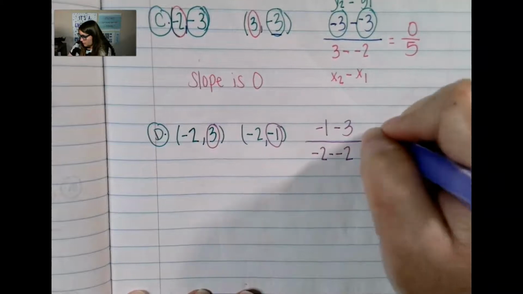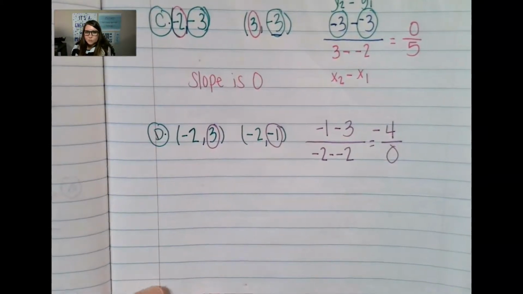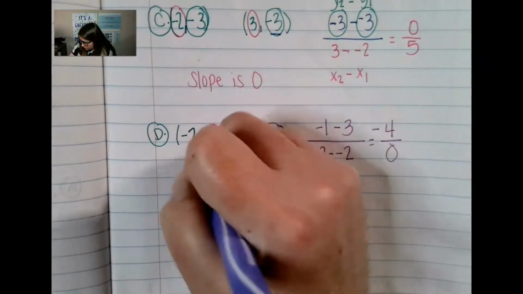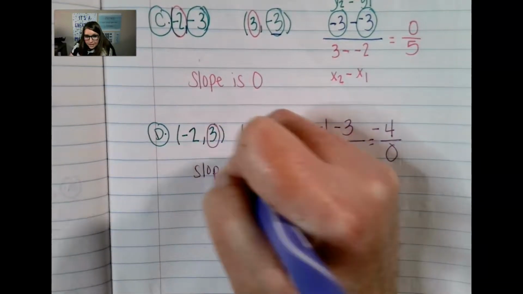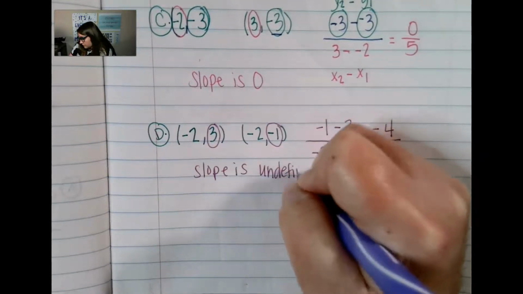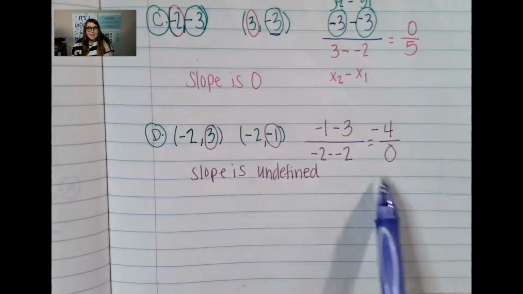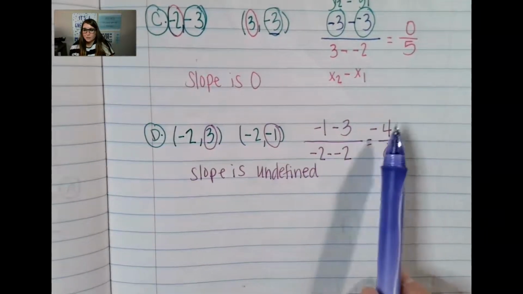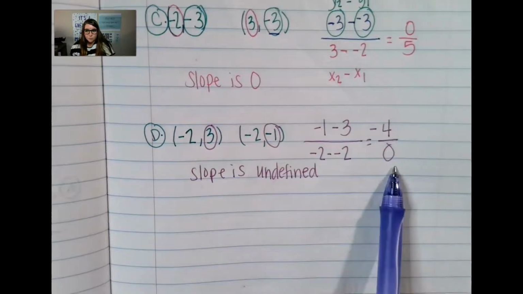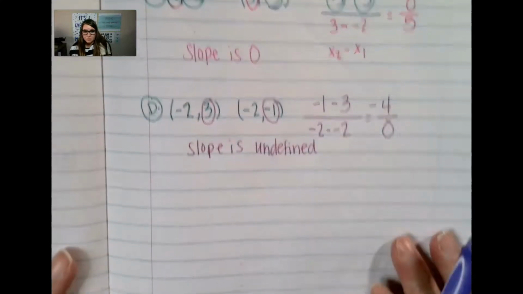That gives you -4. Well, -4 divided by 0, we can't do that. So this slope is undefined because we can't tell you whether it's positive, negative, or 0, because you cannot divide -4 into 0 pieces. You just can't do that math.